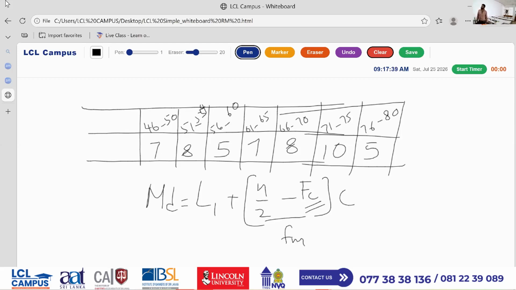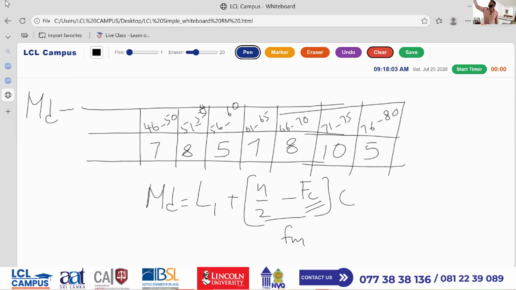And C means width. But before doing any calculations, first we want to identify the median class. When finding the mode, we easily identify it as the class with the highest frequency. Then how do we identify the median class?